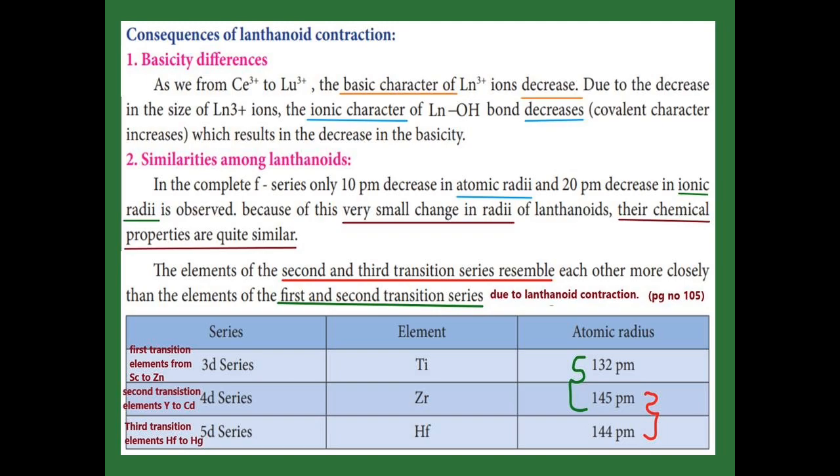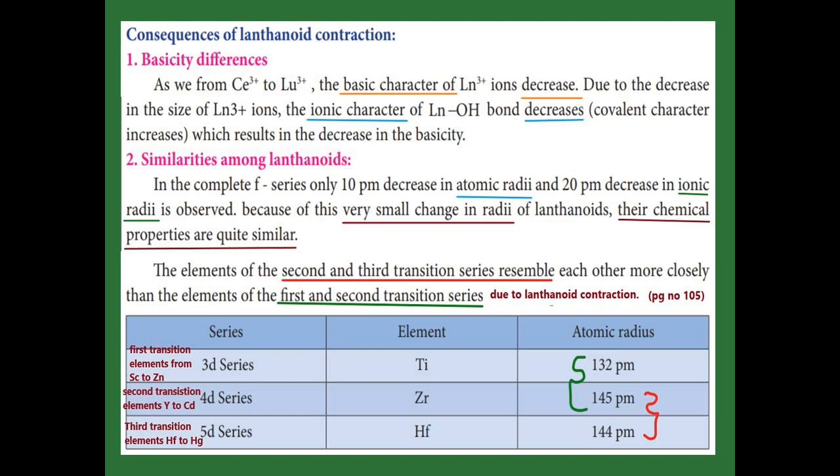The second effect is similarity among the lanthanides. Why do they have similarity? In the f series, the atomic size decreases by only 10 picometer. In the same way, the ionic radii decrease by 20 picometer. The decreasing amount is very small.